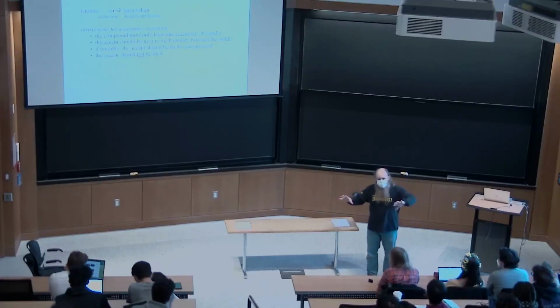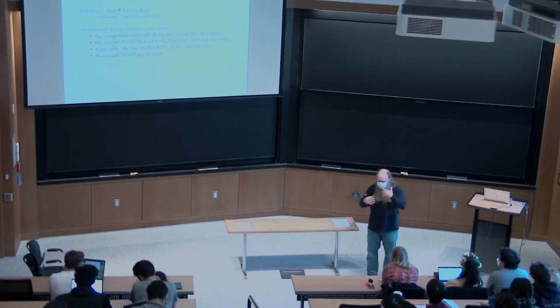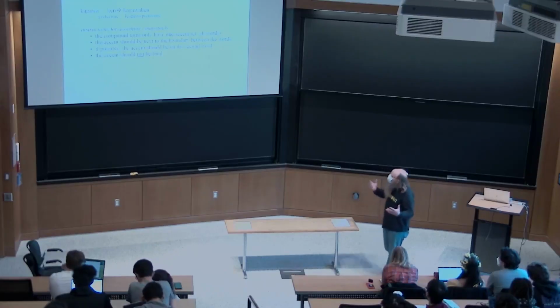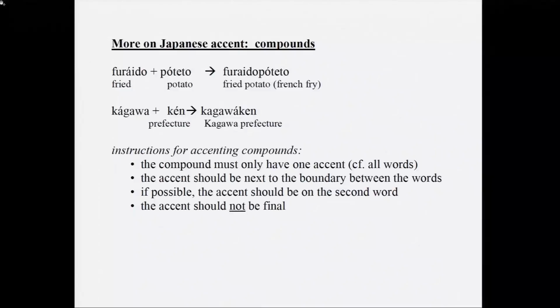I'm telling you all this, not just to educate you in what a cool and complicated language Japanese is, but to show you that there are cases of cool and complicated phenomena that can be fruitfully thought of as a series of things that you're trying to do which are in conflict with each other sometimes. So Japanese wants the accent to be on the second word, right, and next to the boundary between the words.